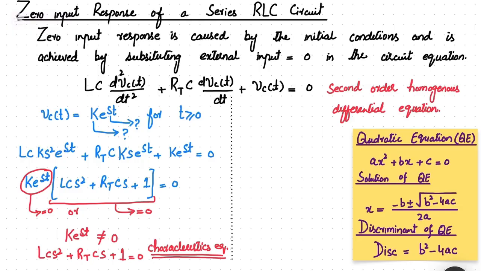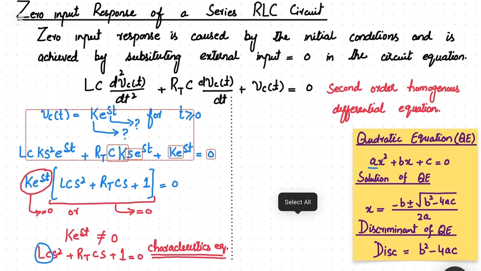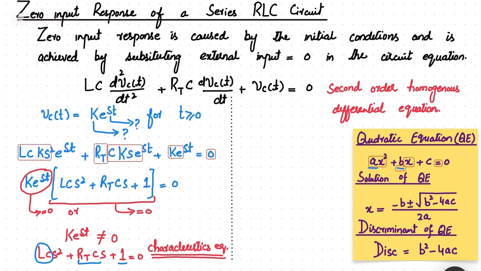The discriminant of the quadratic equation is basically b square minus 4ac. So based on this characteristic equation, we can calculate the roots of the characteristic equation. LC would be taken as the coefficient A of the quadratic equation, RTC would be taken as the coefficient B, and C would be equal to 1.